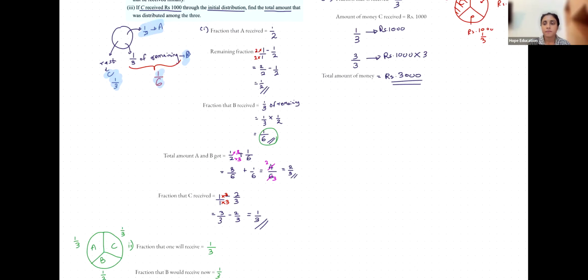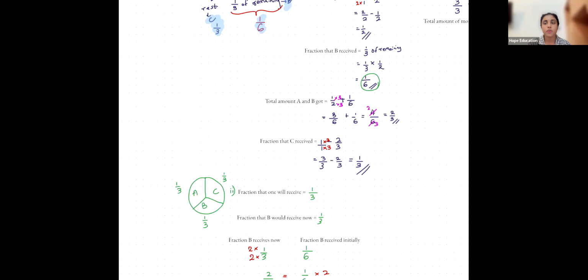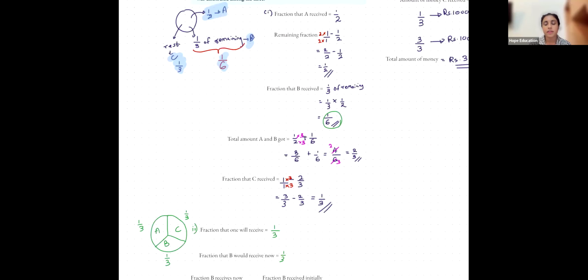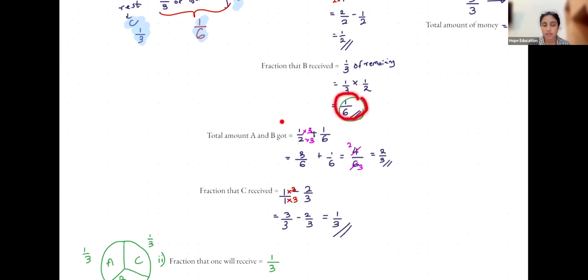For the second question, can I prove that B got twice? What is the answer you got? Now here, according to the initial distribution, B received 1 over 6.